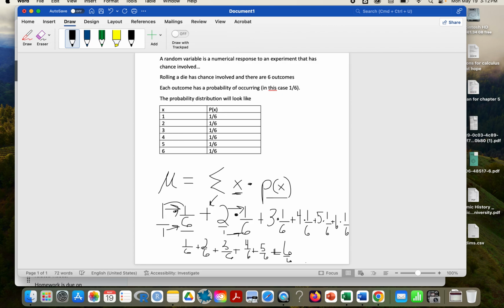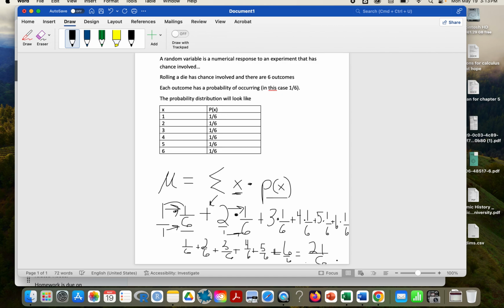All right, well, the denominator, because when you add fractions, you keep the denominator the same, and you go 6 plus 5 plus 4 plus 3 plus 2 plus 1. Well, 1 plus 2 is 3, plus 3 is 6, plus 4 is 10, plus 5 is 15, plus 6 is 21. So we have 21 divided by 6.